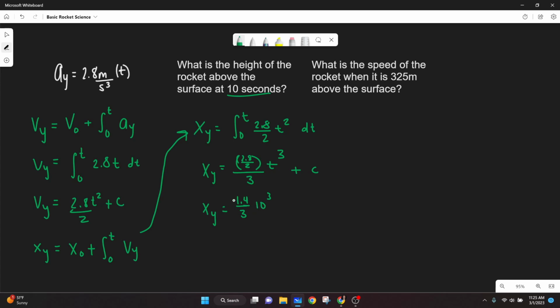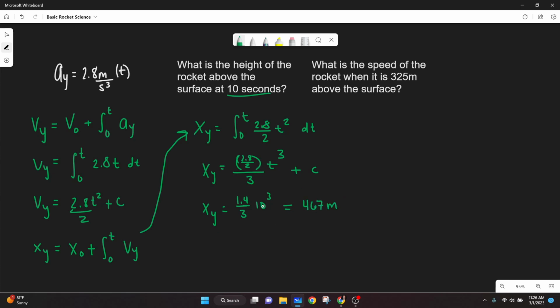And so let me plug it into the calculator. So this is equal to 467 meters.